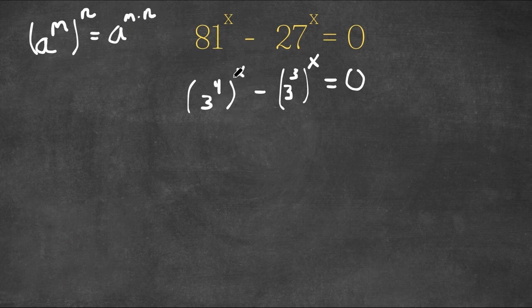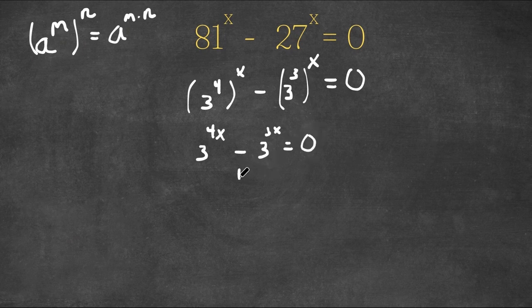Meaning (3^4)^x would equal 3 to the power of 4 times x, or we could also write that as 4x. Minus, now we're going to do the same thing over here. (3^3)^x is the same thing as 3 to the power of 3 times x, which is simply just 3x. Now this is equal to 0.